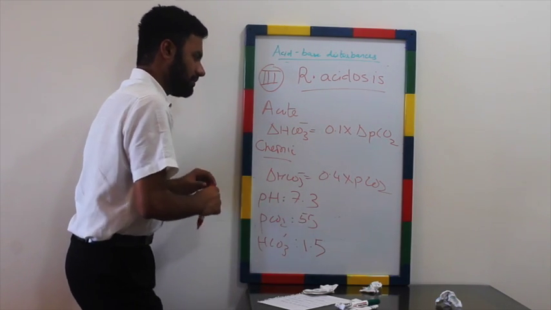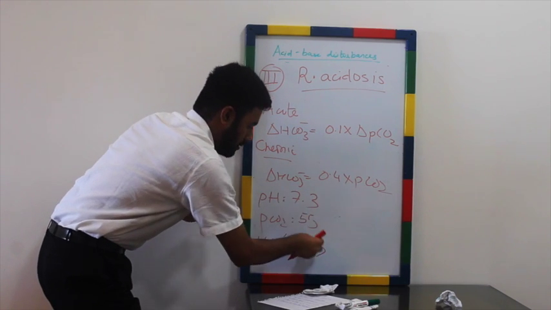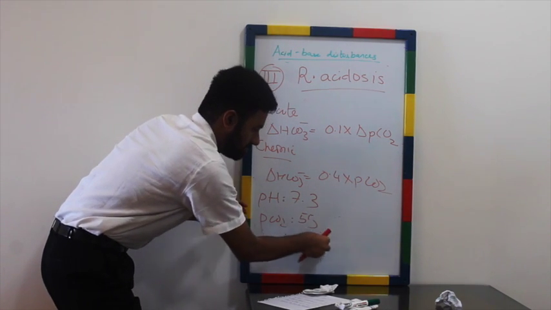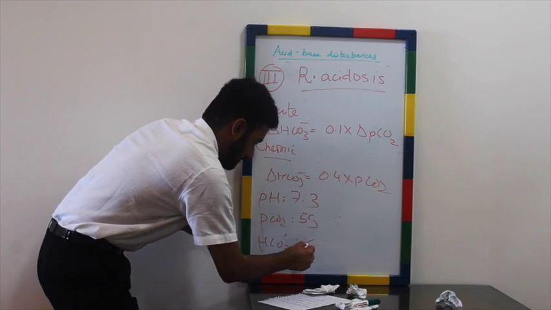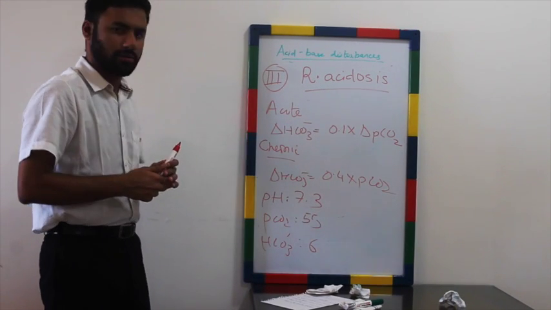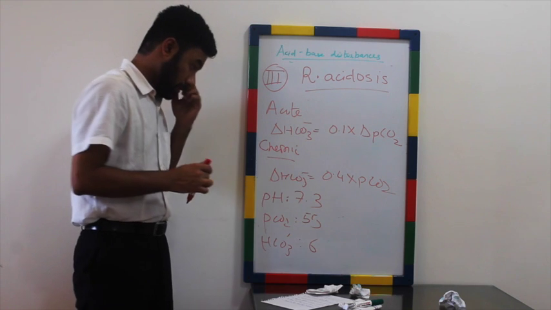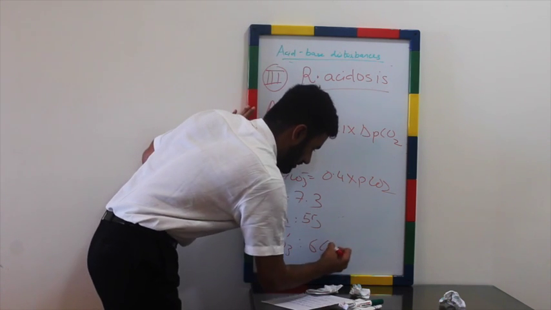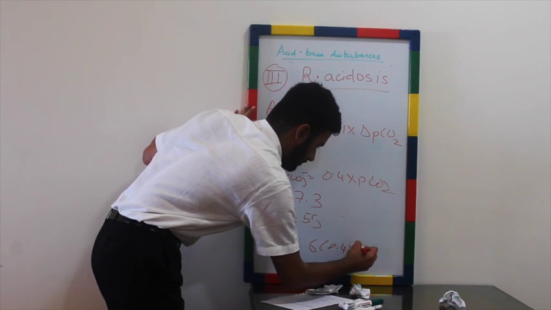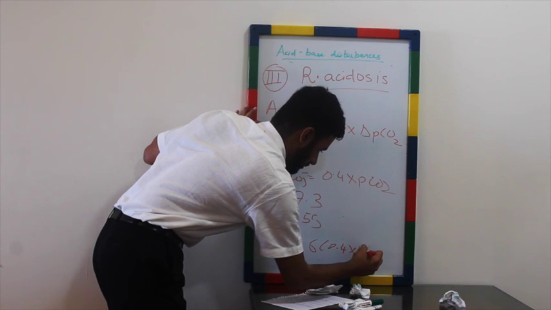If it's a chronic disorder, it will be 4 times this, which is 6, because it's 0.4 times 15.